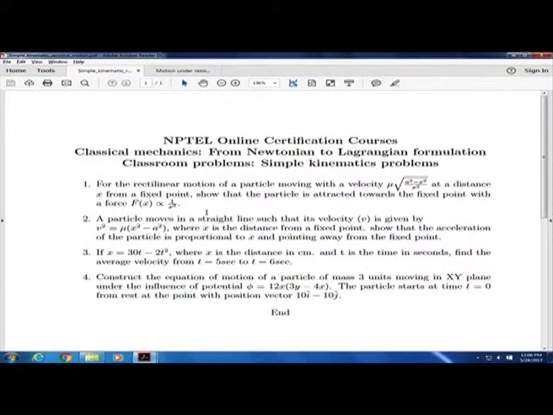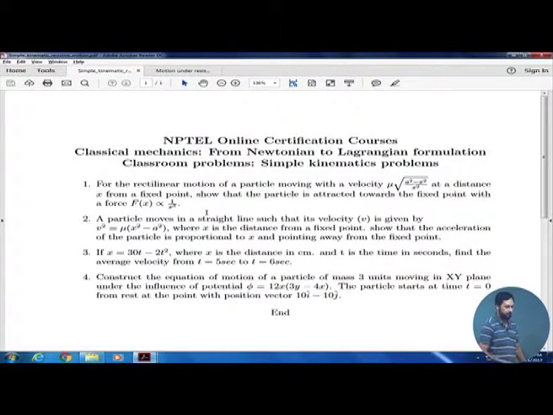The problem says, for the rectilinear motion of a particle moving with a velocity mu times root over s square minus x square by x square at a distance x from a fixed point, show that the particle is attracted towards the fixed point with a force which is proportional to 1 by x cube. So, essentially what is given here is velocity as a function of x from a fixed point.